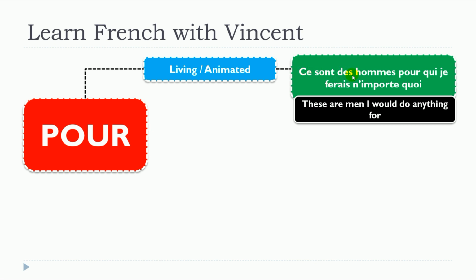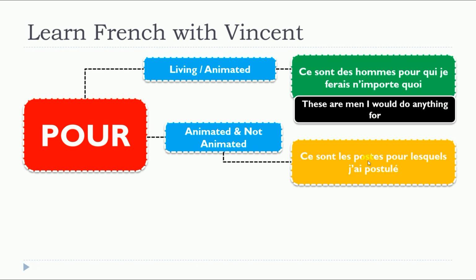Ce sont des hommes, so des hommes, obviously this is masculine plural. Pour, as I told you, it will be always qui, whether it's masculine, feminine, singular or plural. Je ferai n'importe quoi. Let's have a look now at animated and not animated.